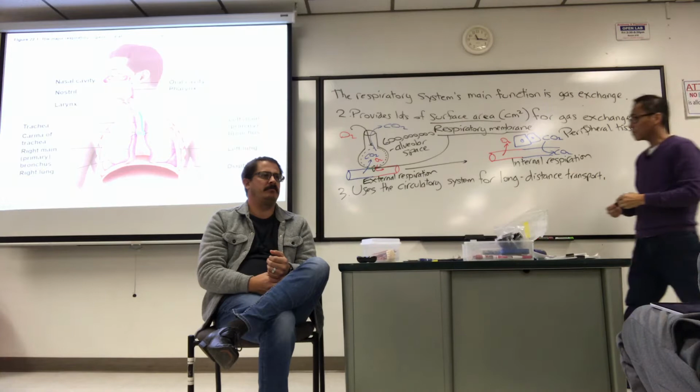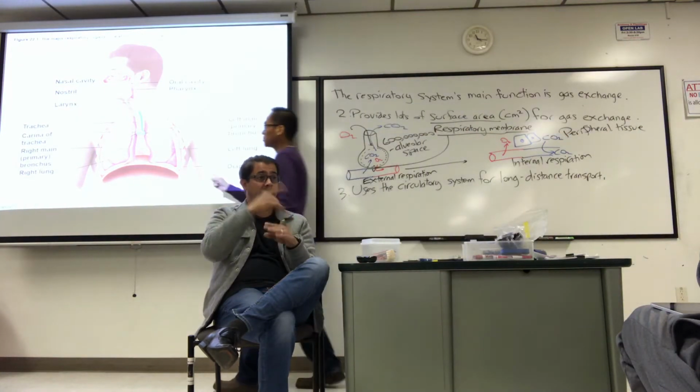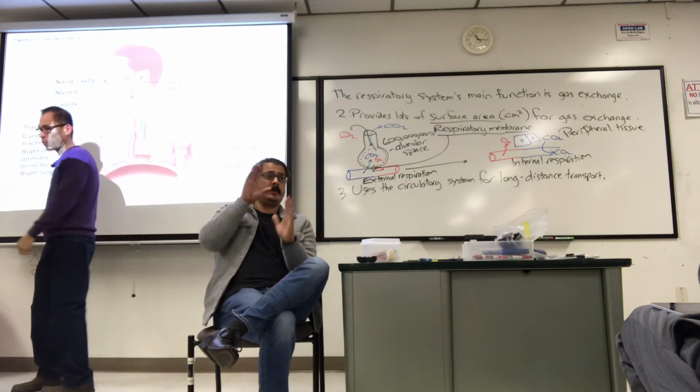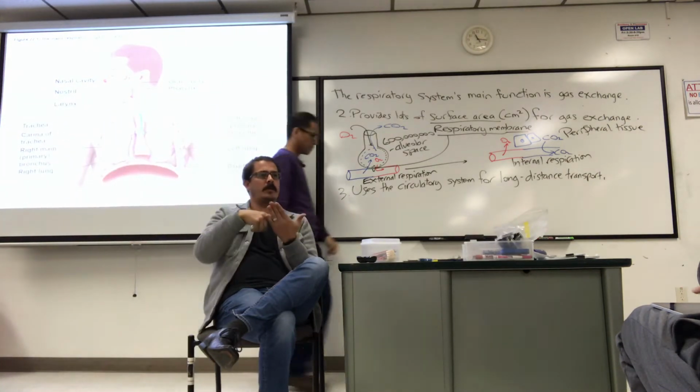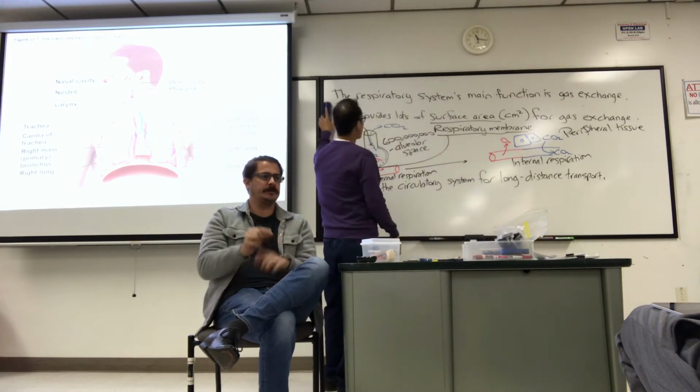So in a nutshell, that's the function of this system. By looking at this picture, we can see most of the anatomy we're going to talk about. Let me define some terms here.